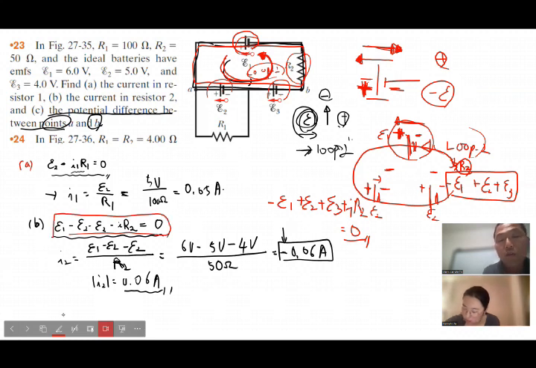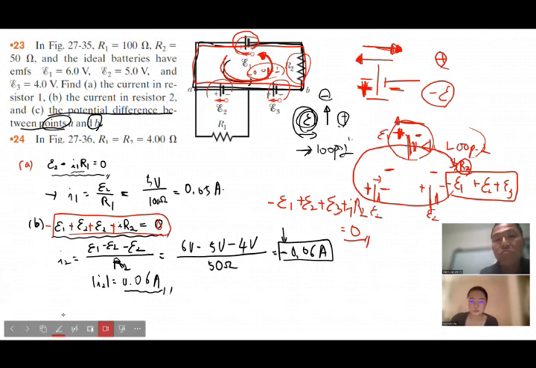So if you choose clockwise as the direction of the loop, then the signs of E1, E2, E3, and R2 will be like this: minus, plus, plus, plus equals 0. So it doesn't make any difference. Regardless of which direction you choose for your loop, the results should be the same as before.